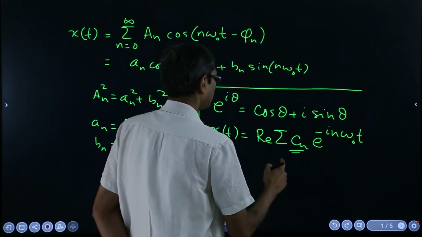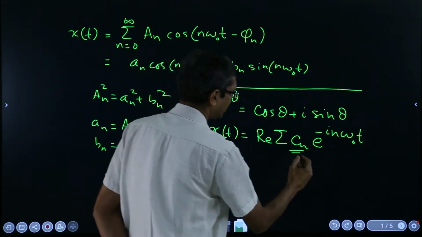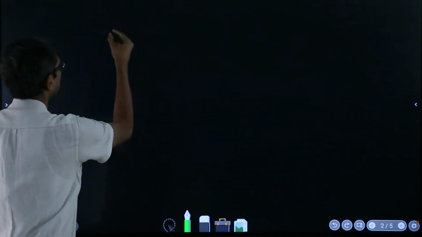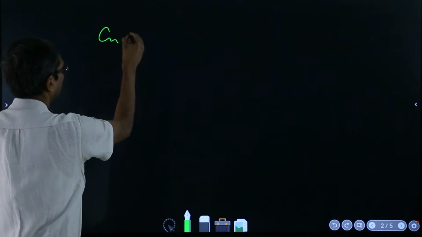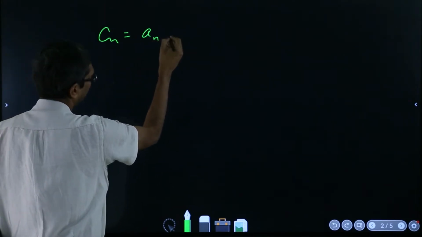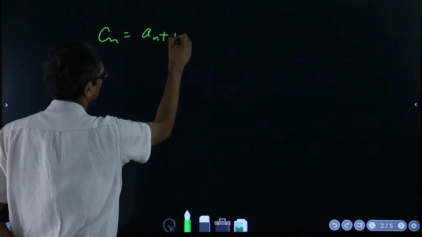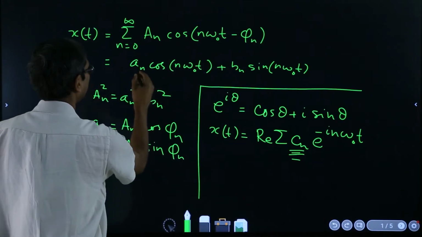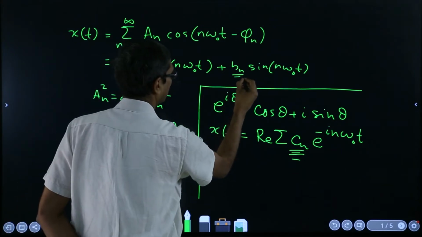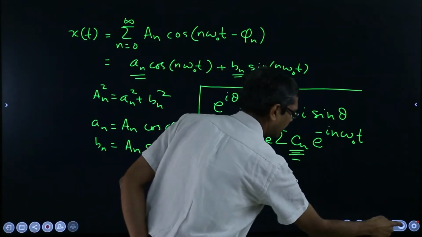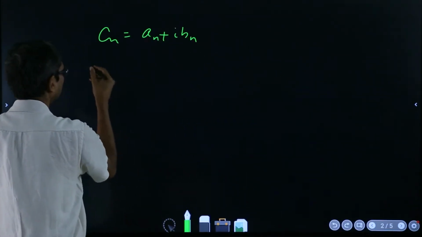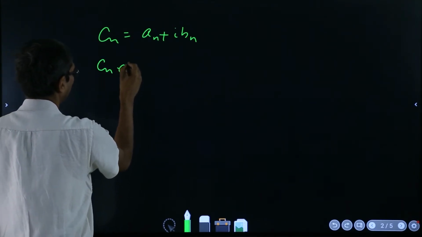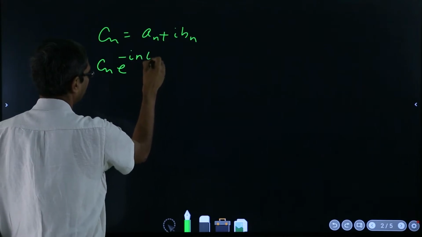See, why do I say that it has to be a complex number? Let us see it. Suppose Cn I take as An plus i times Bn, and these An's and Bn's are nothing but these things. Okay. And then I evaluate Cn times e to the power minus i n omega naught t.